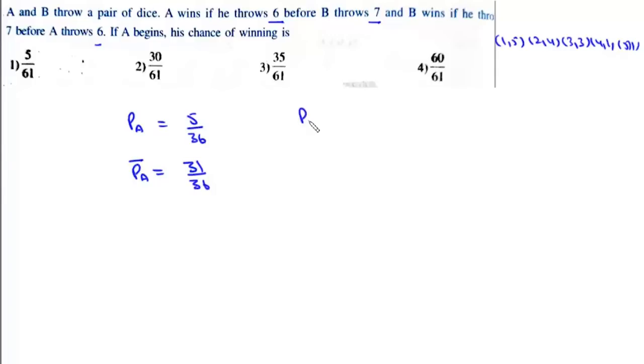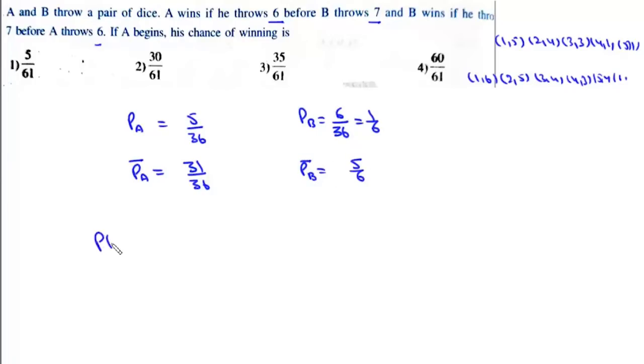Now in the same way, B is going to win if he or she throws 7. Now it will be 7 if it is 1 6, 2 5, 3 4, 4 3, 5 2, and 6 1. So this probability of B will be this 6 by 36, or simply 1 by 6, and B not winning is 5 by 6.